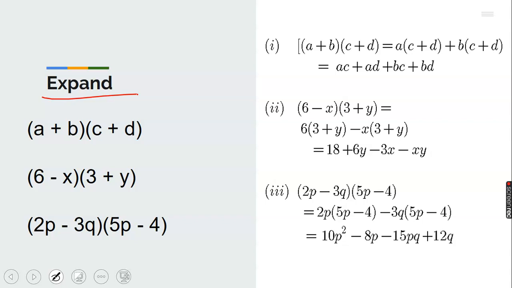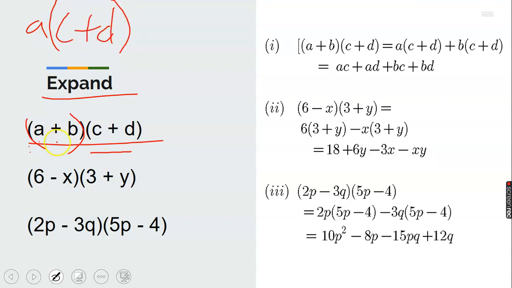Now, look at this example. We are to expand this bracket: a plus b, close bracket, open bracket, c plus d. Like I've said before, you use this one, a, to multiply this bracket, a times c plus d, plus b, open bracket, c plus d.